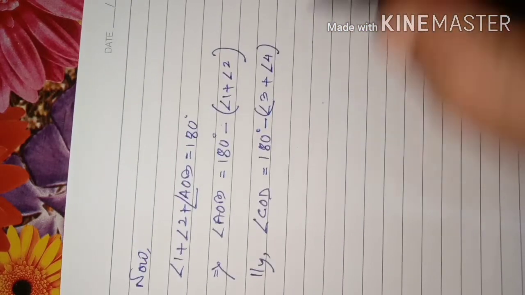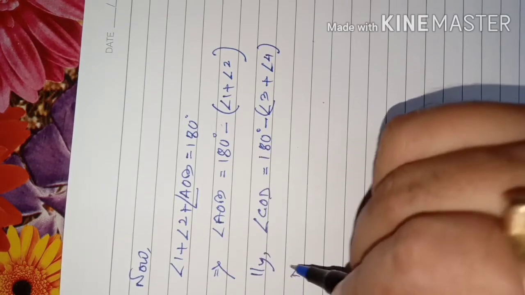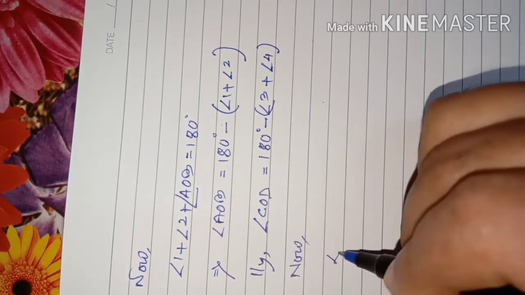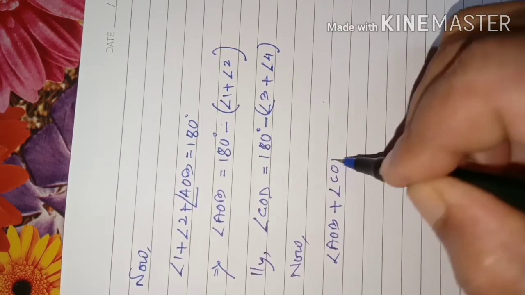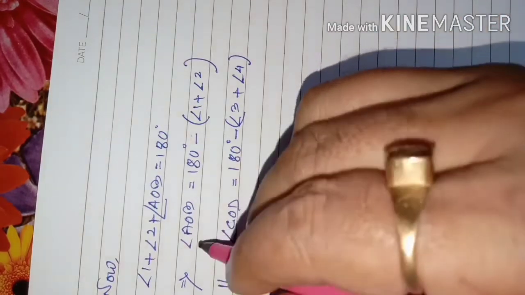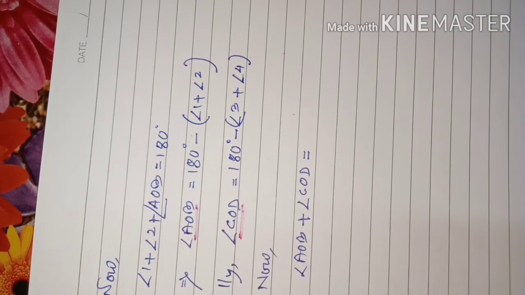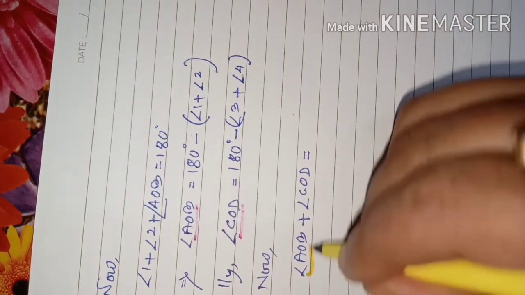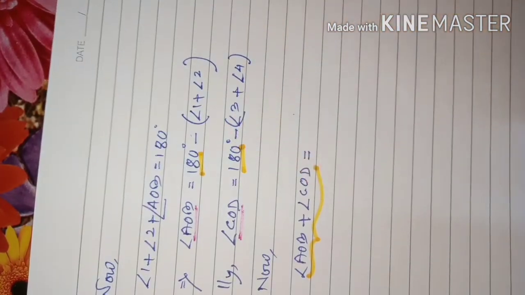Now add both these angles, AOB and COD. Look at this: this is AOB, and you are adding it with COD. This is the expression. Then 180 plus 180, what is their sum? 360.